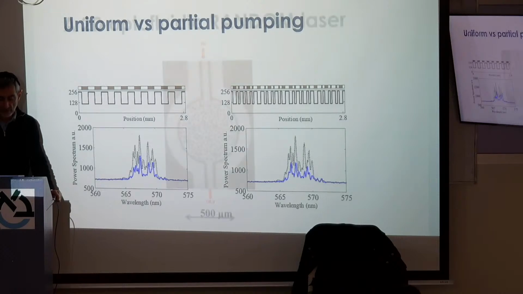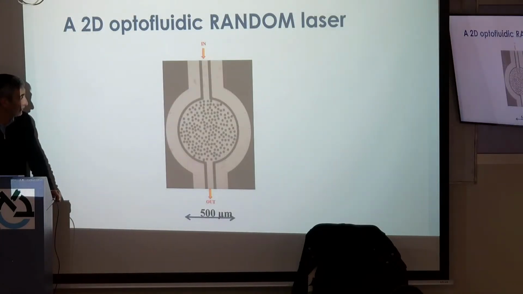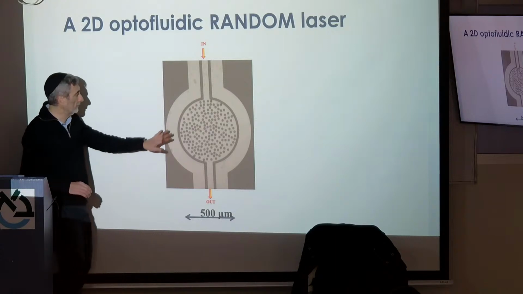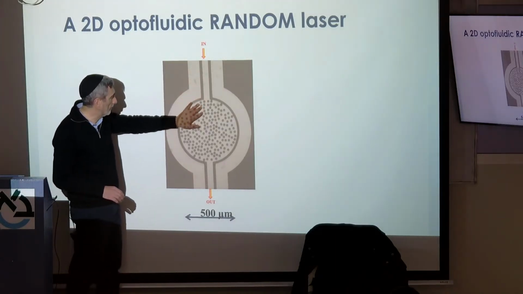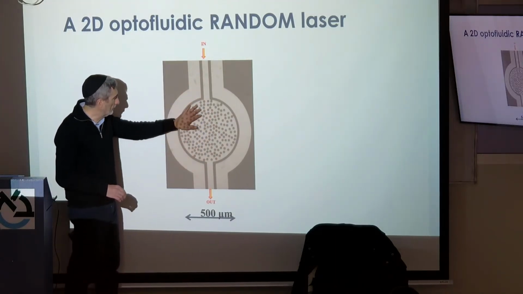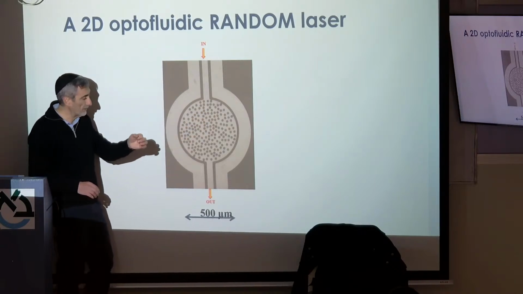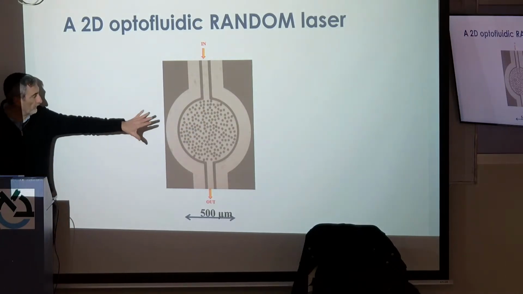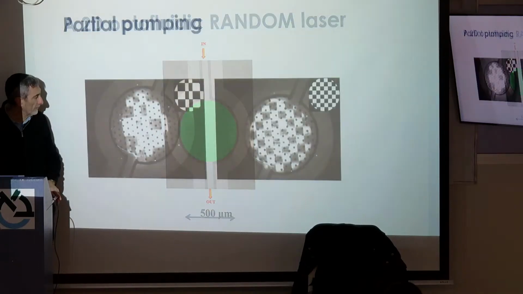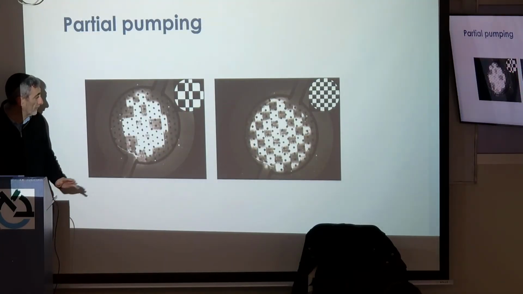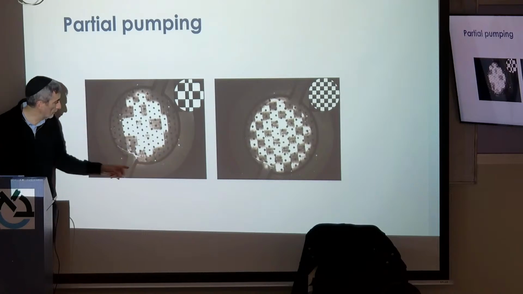You can do that also in 2 dimensions. That's a 2-dimensional system where you have the flow going through this system here, the scattering centers, which are like cylinders. You pump the system from the top like that, and what you observe is emission around it here.